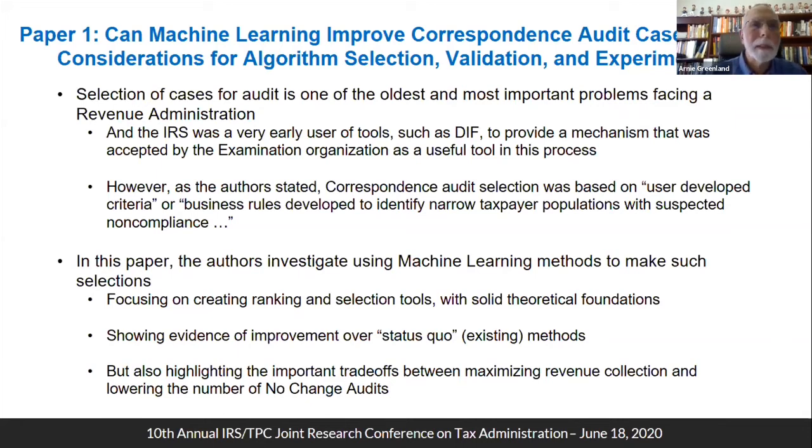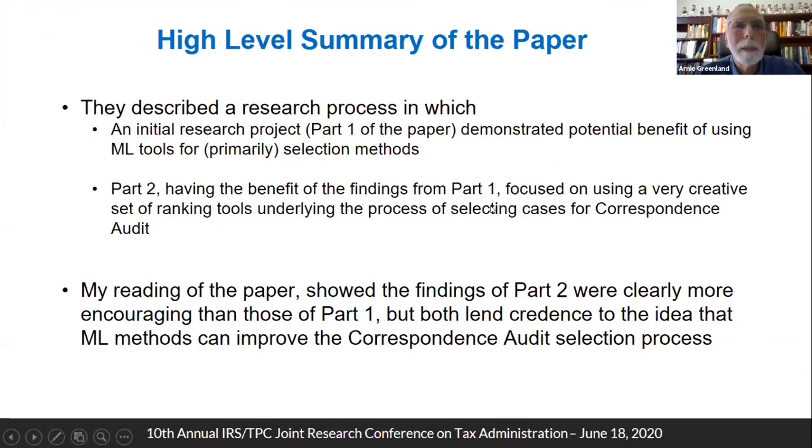Okay, so next slide. Next, okay. So the high-level summary: they described a research process that was in two parts. The initial research part demonstrated the potential benefit of using some of the machine learning tools. They mentioned that they used support vector machines and gradient boosting, one for each of the different audit types.